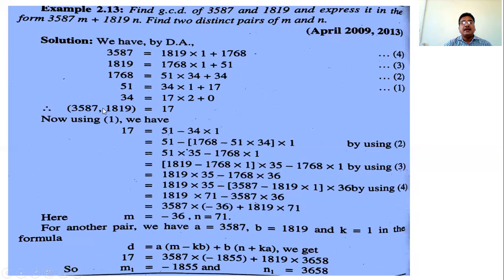Write it in a round bracket with a comma; this is the notation to denote the greatest common divisor of 3587 and 1819.